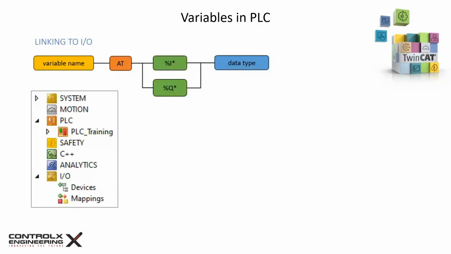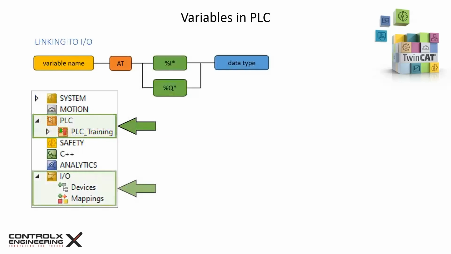To allow the variables to be able to link to I/O, they must be declared in a specific way to make them accessible outside the PLC. What I mean by this is, in the Solution Explorer, the PLC projects live here, and the I/O devices live here. Outputs from the PLC to the I/O are declared using %Q*.